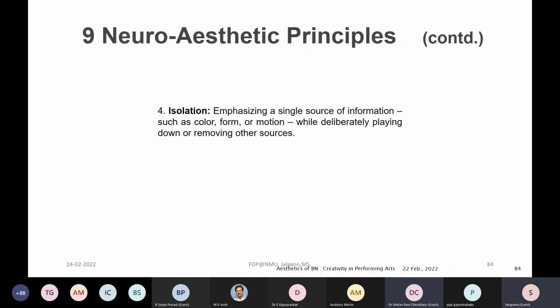Fourth one now, isolation. So when you're emphasizing a single source of information, like a color or a form or a motion, while deliberately playing down the other. Let me give you an example. Have you seen the picture of Gandhiji where only his head and his spectacles are drawn?